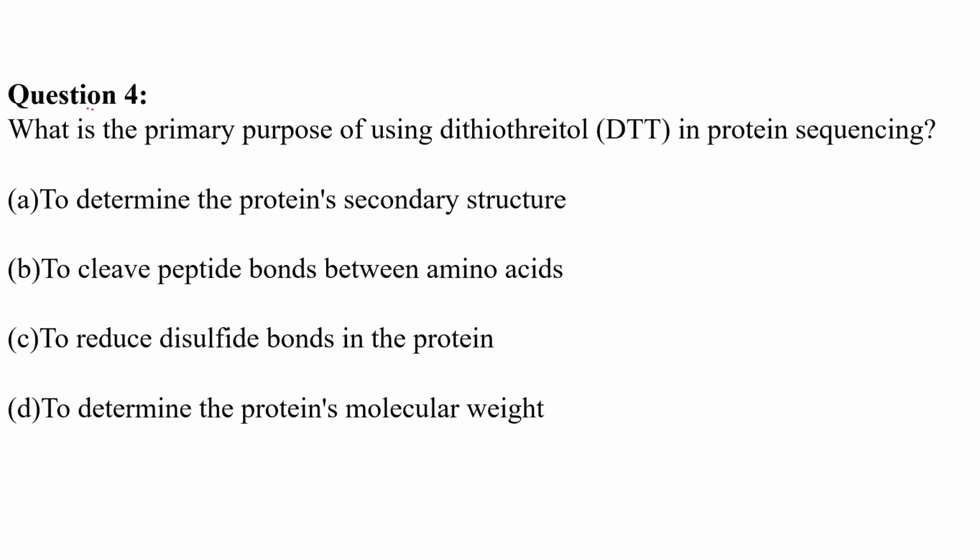Question number 4. What is the primary purpose of using dithiothreitol in protein sequencing? Option A, to determine protein secondary structure. Option B, to cleave peptide bonds between amino acids. Option C, to reduce disulfide bonds in the protein.